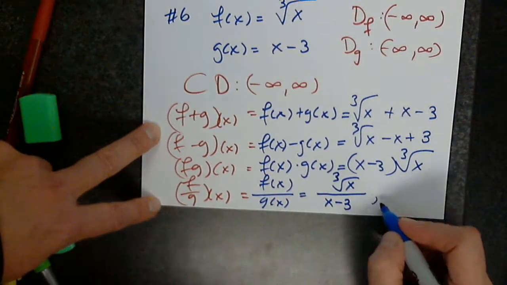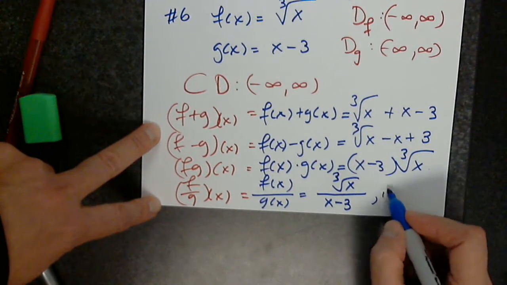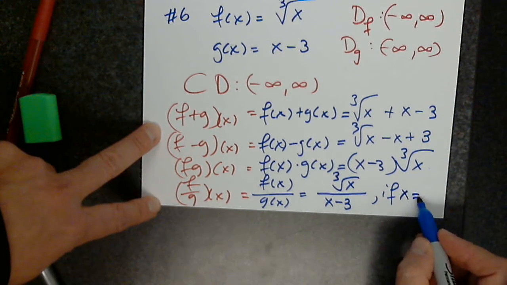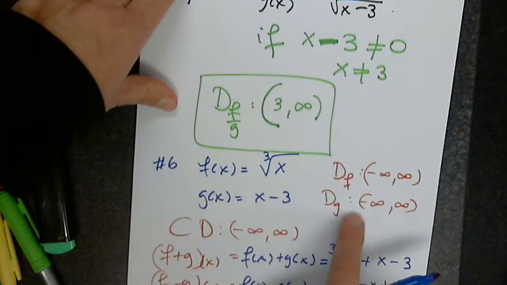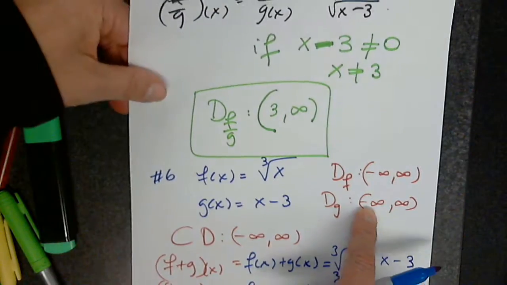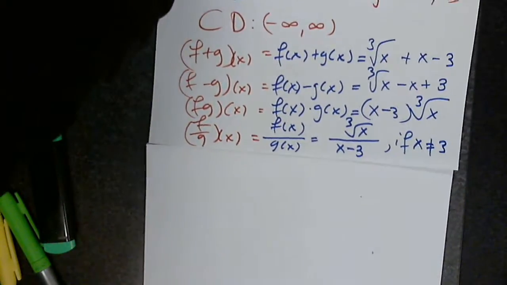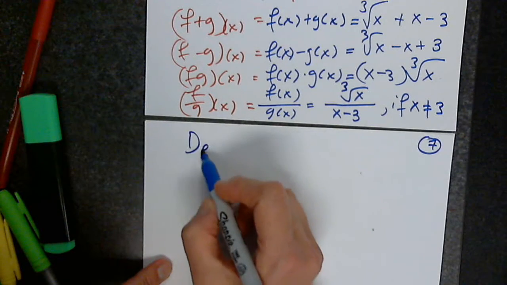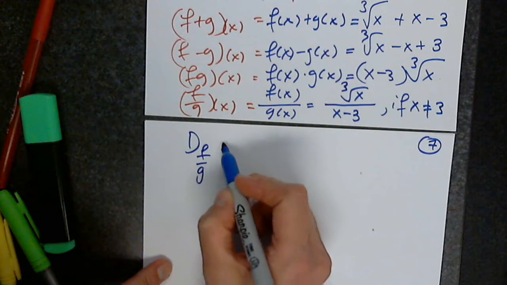And you'll have to put a comma, and you will write if x minus 3 does not equal 0. Very good. And now from the common domain, you will eliminate which value of x? Very good. Which means you're going to give me the domain of the ratio, being?